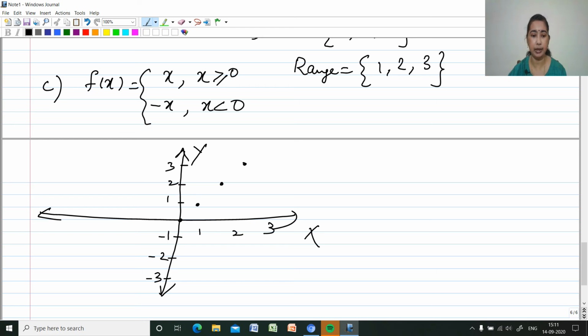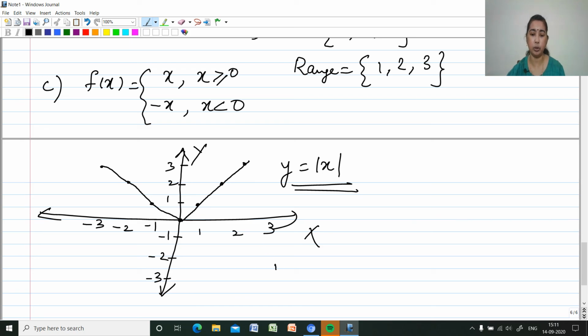This side negative values minus 1, minus 2, minus 3. So, minus 1, 1, minus 2, 2, minus 3 and 3. So, we are getting a V-shaped graph. It will be a V-shaped graph. The function that is y is equal to modulus of x.